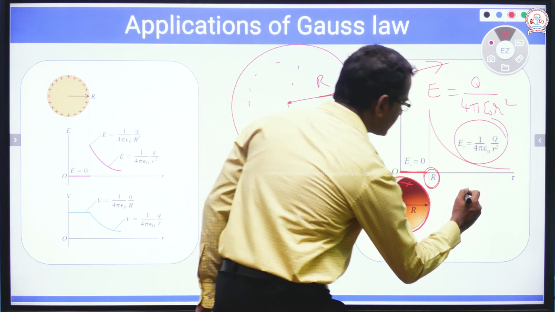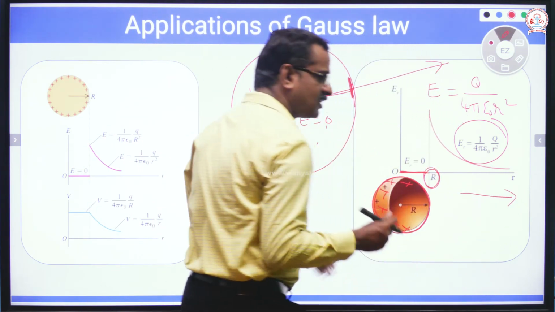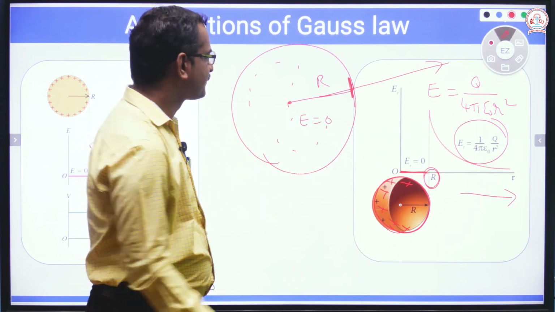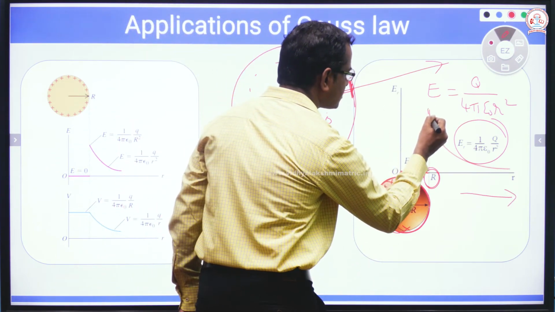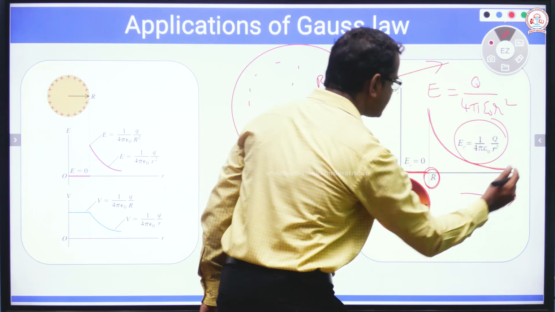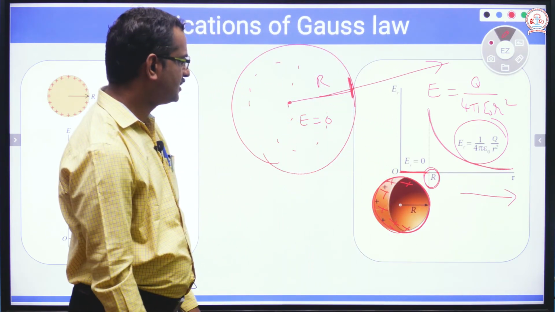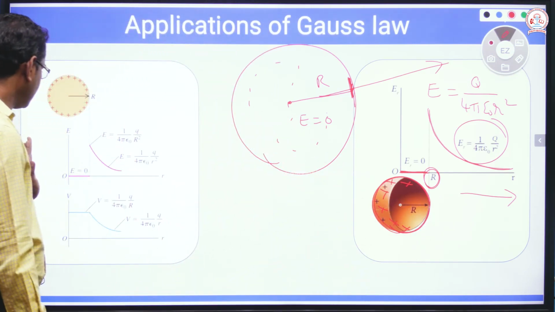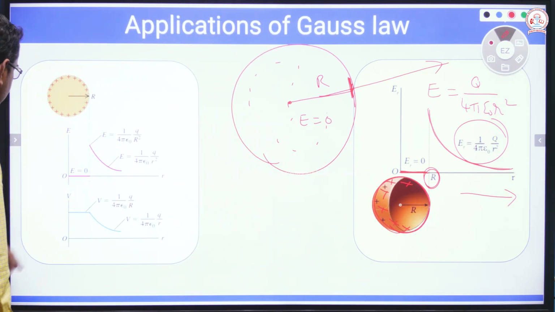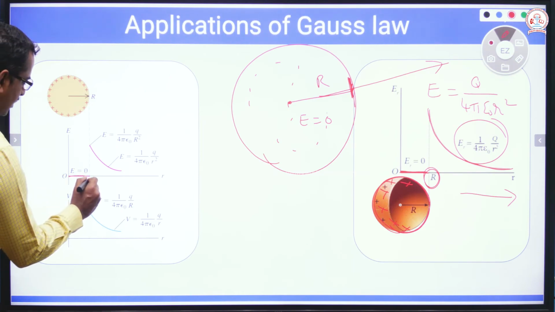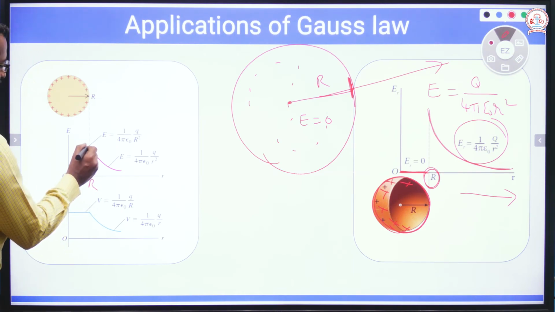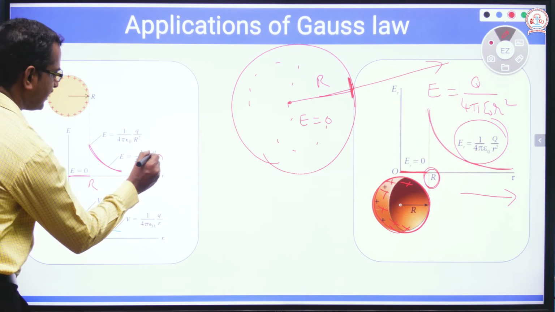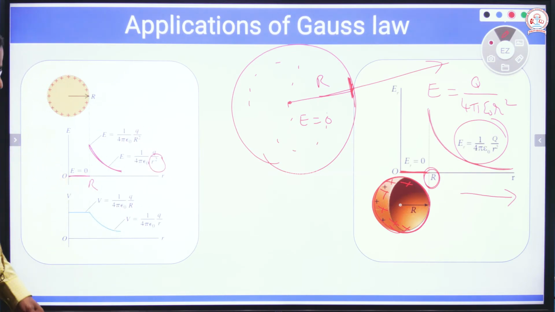So, as the radius of the imaginary sphere increases, electric field value decreases gradually. That's what we understand from this graph. If you come to this graph, this is a comparison. In case of electric field, till R radius, electric field is 0. After that, it gradually decreases because it is inversely proportional to the square of the distance.